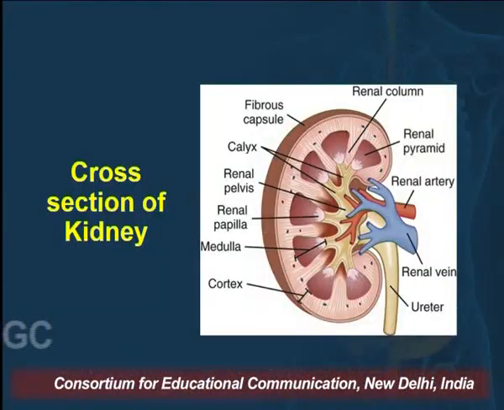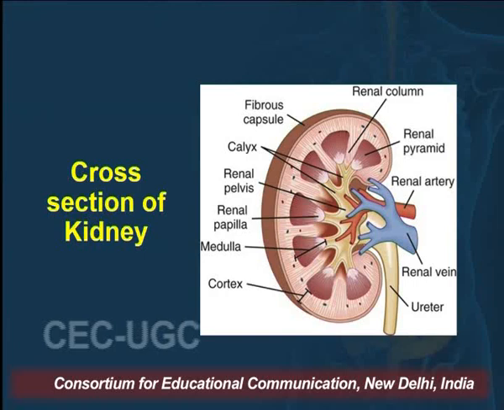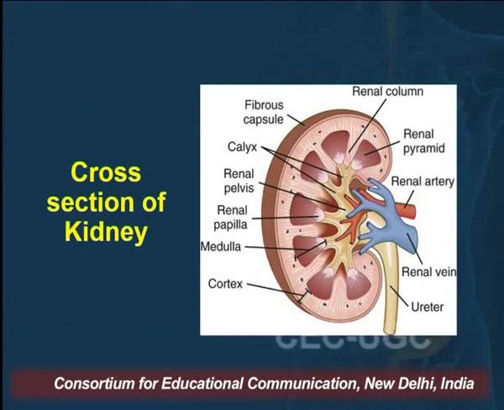Let's see the cross section diagram of the kidney. In this diagram, we can clearly see the cross section of the kidney and we can see the blood vessels. The blood vessels in the kidney are called renal veins and renal arteries. The outermost layer is called the renal membrane.